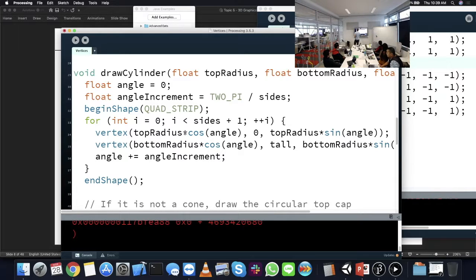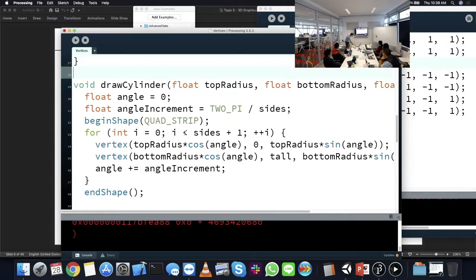And that's literally exactly what this function is doing. There are 2 vertices in here because it's calculating the top and the bottom at the same time. But if we just look at this top one, we're looking at the top radius times cosine angle, then top radius, so we said radius is h, and 0 because it's at the top of the thing, and then top radius times the sine of the angle.